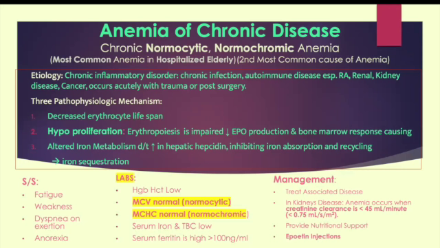Again, this is a hypoproliferation anemia, when the erythropoiesis is impaired. Decreased erythropoietin and having some kind of chronic inflammatory process are indicators of this anemia.